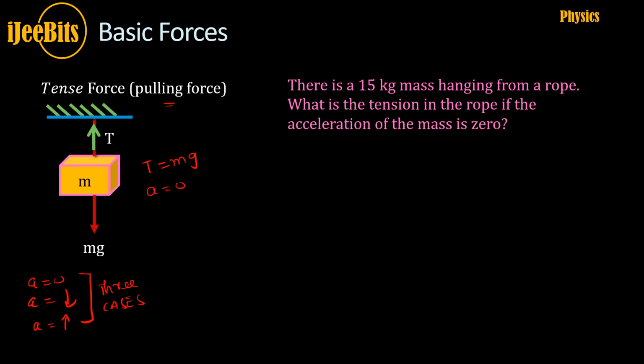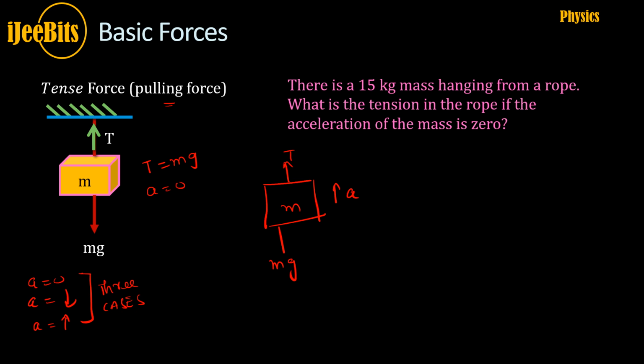Case 1. Your tension is in an upward direction, your mg is in a downward direction, right? And then you have an acceleration which is also in the upward direction. Think about it: when the net force is upward, you always start with the upward force minus the downward force.